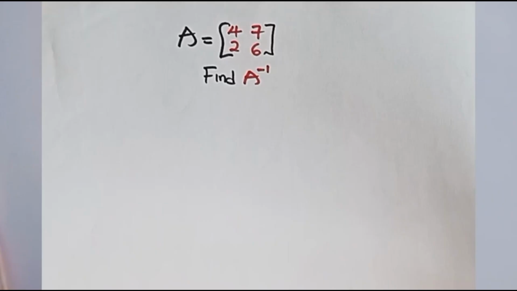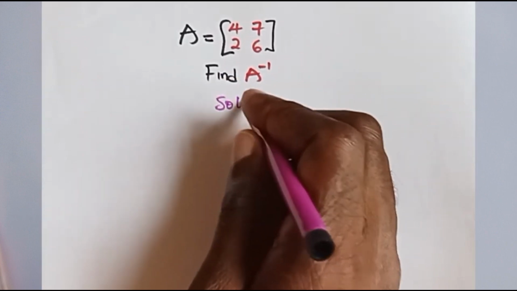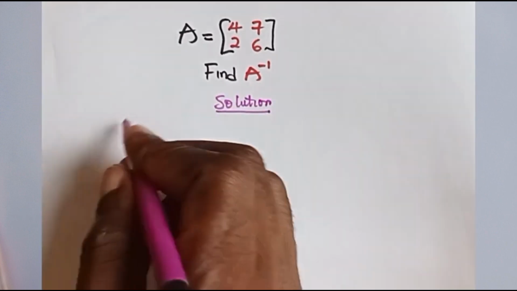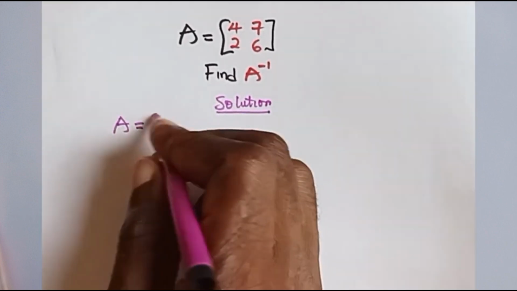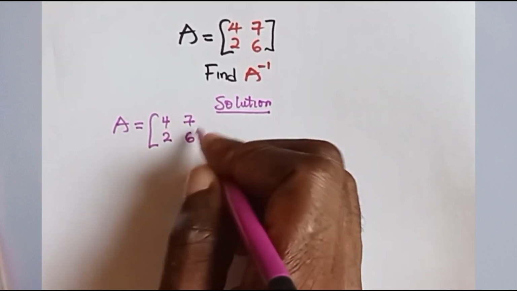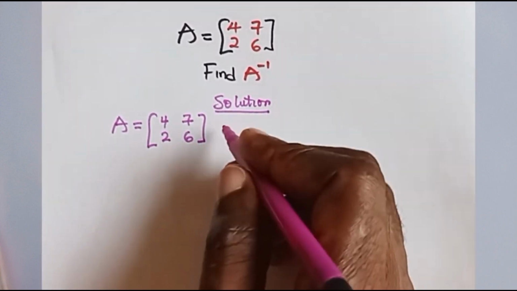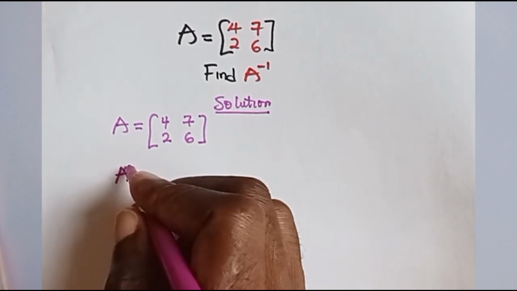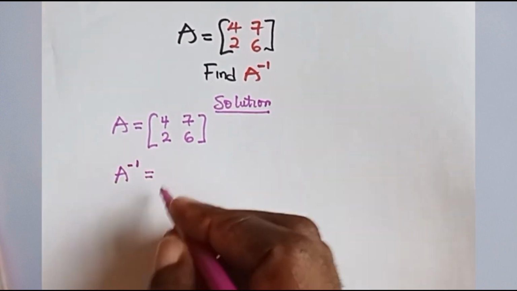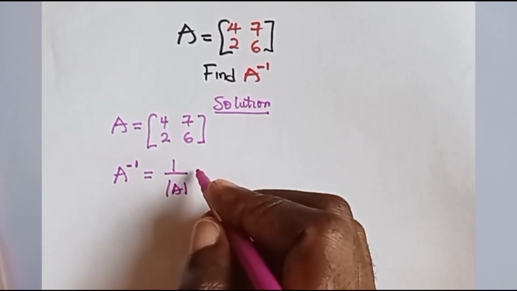Now let's look at another example. Solution. Our matrix is 4, 2, 7, and 6. For us to find the inverse of this matrix, we need to check first if it is invertible.